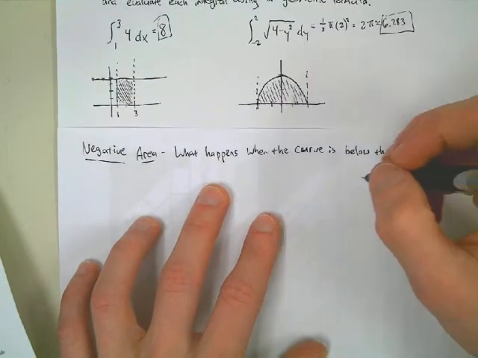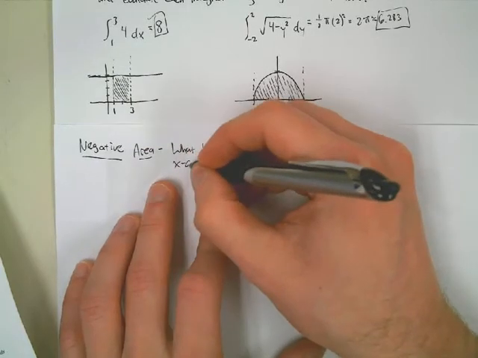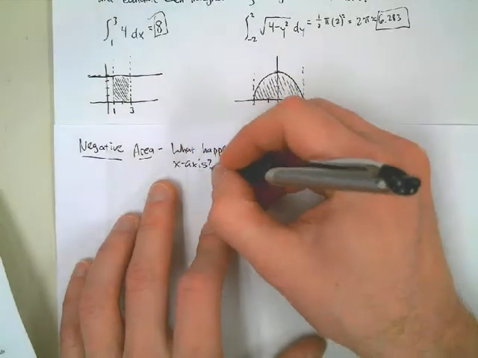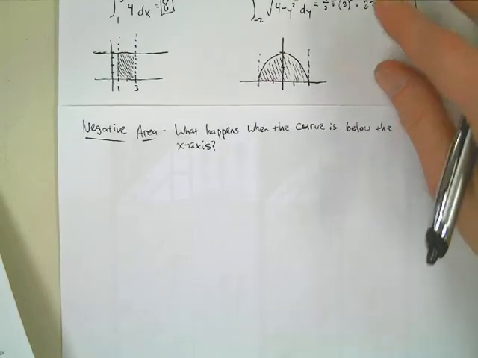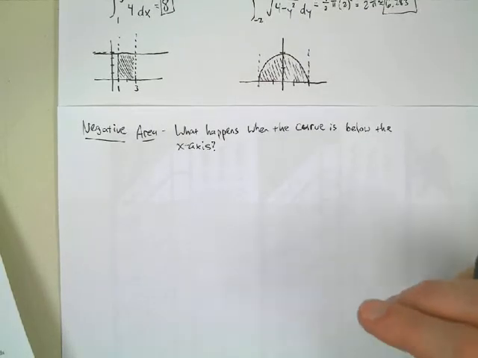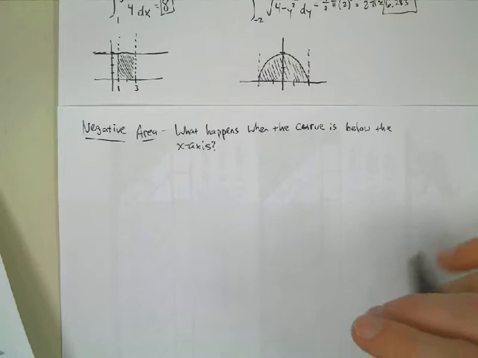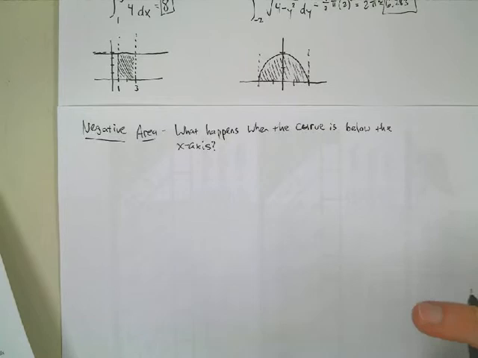Is the application for this something like economics? There's a lot of applications. You can think of rates too. Sometimes you have positive rates and negative rates, and those will accumulate and give you a net change. Sometimes you're increasing, sometimes you're decreasing, and if you integrate over that, you'll get a net change, which gives you the end result.